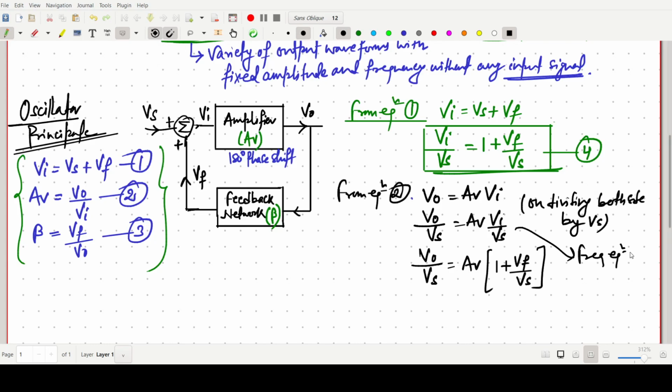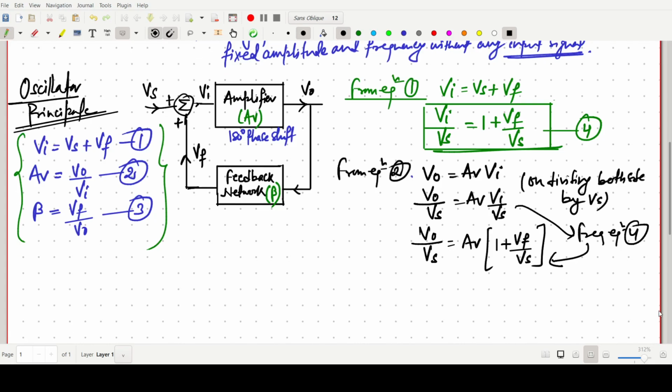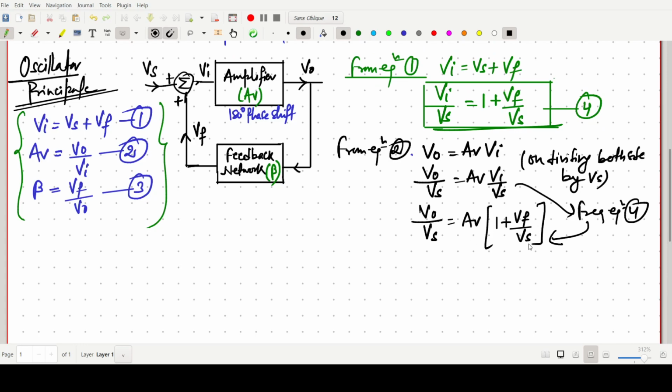Vi by Vs is written as 1 plus Vf by Vs. And Vf from equation 3 we can write as beta V naught, because Vf equals beta V naught.